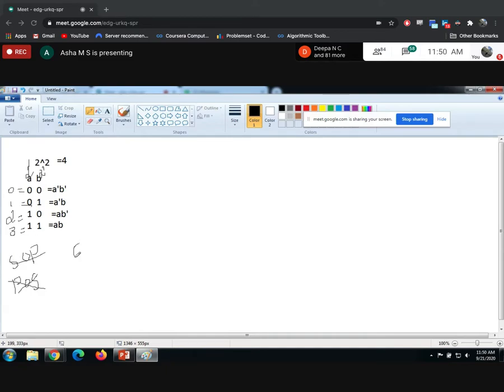The name itself is suggesting sum of products. This is the basic fundamental representation of min terms, or the basic fundamental representation of products. Is it clear?